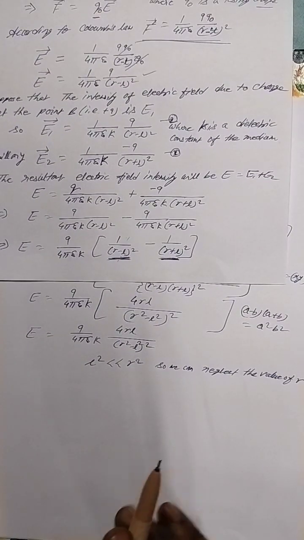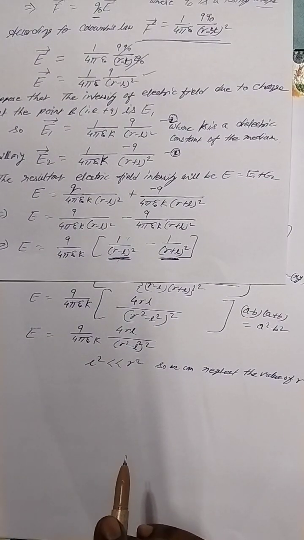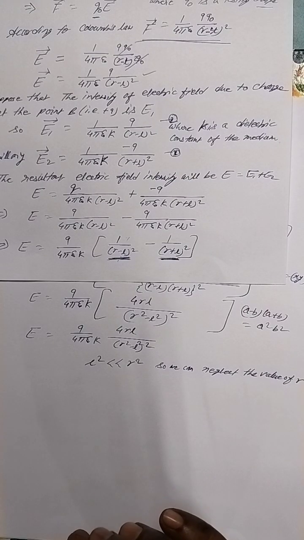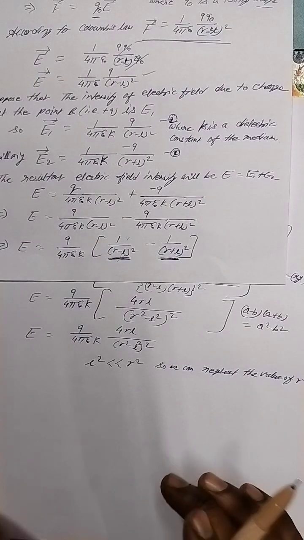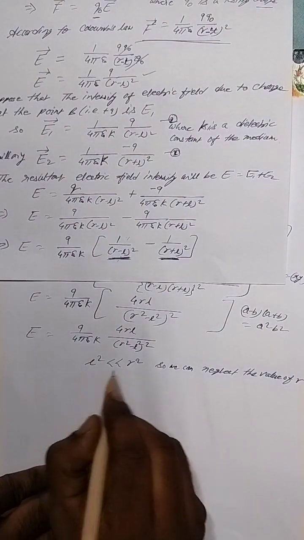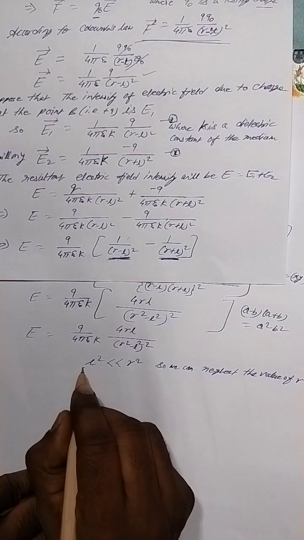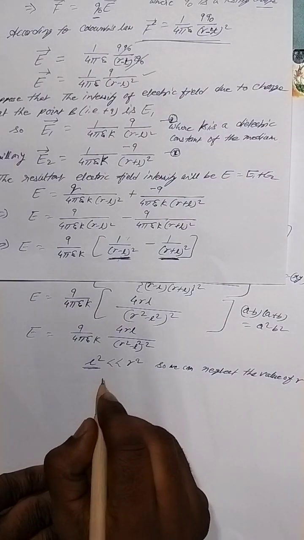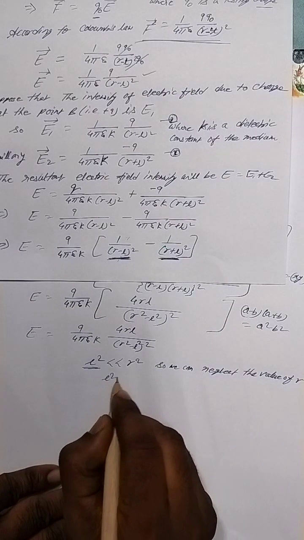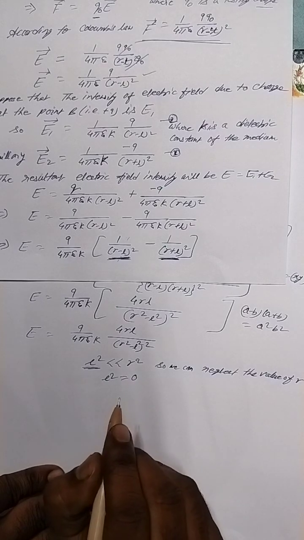So a small quantity's power value is very less, so we can neglect the value of l square. You can write l square is equal to 0.